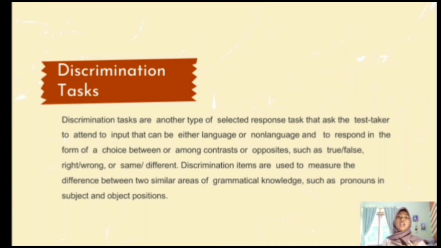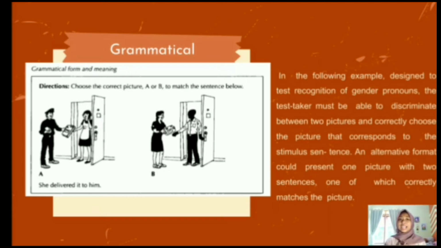Discrimination items are used to measure the difference between two similar areas of grammatical knowledge, such as pronouns in subject and object position.